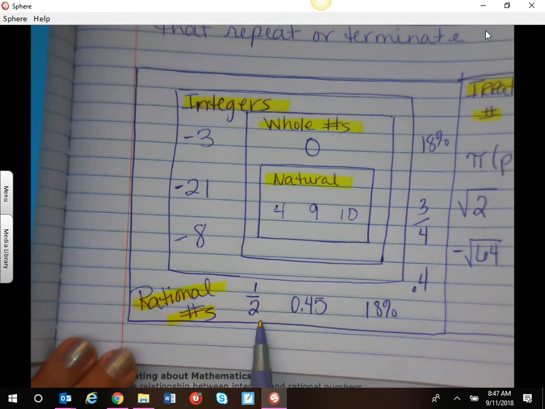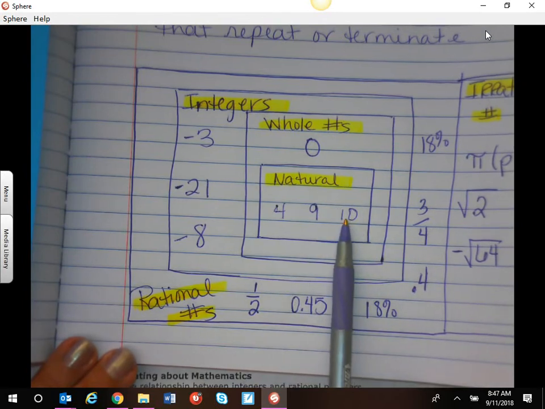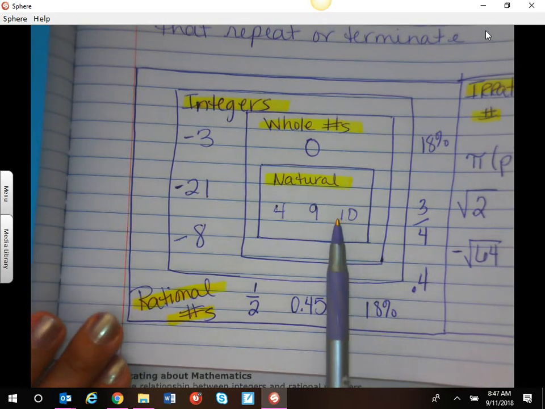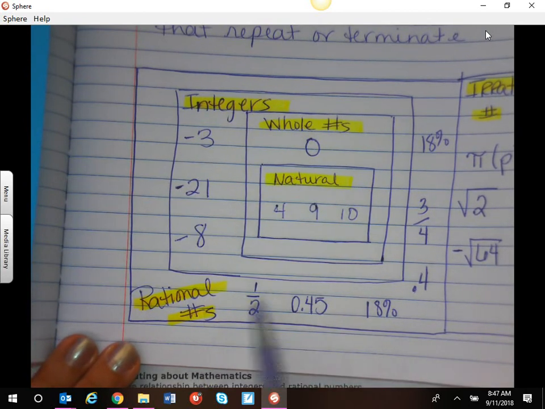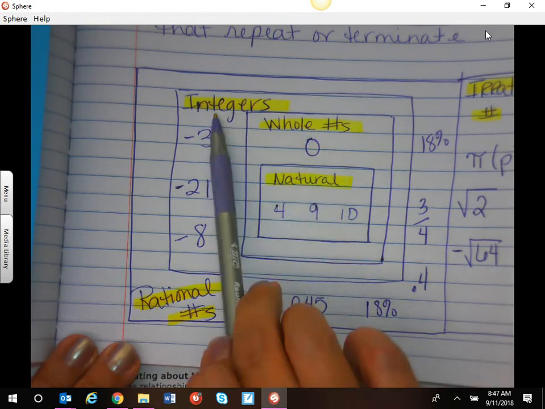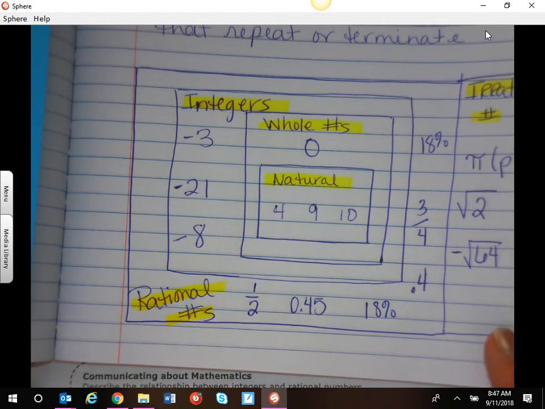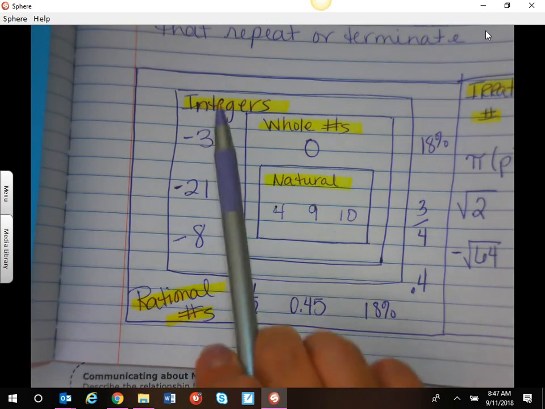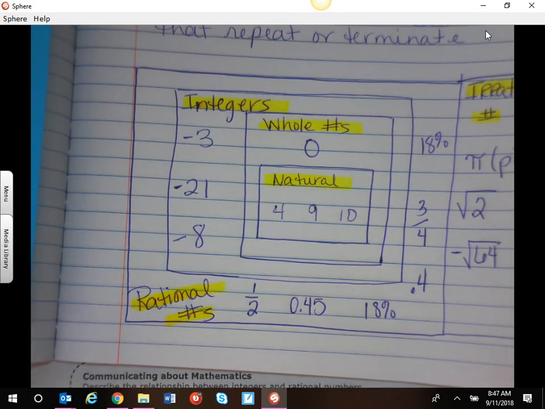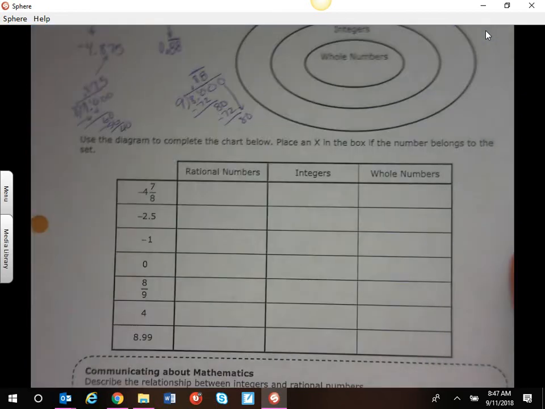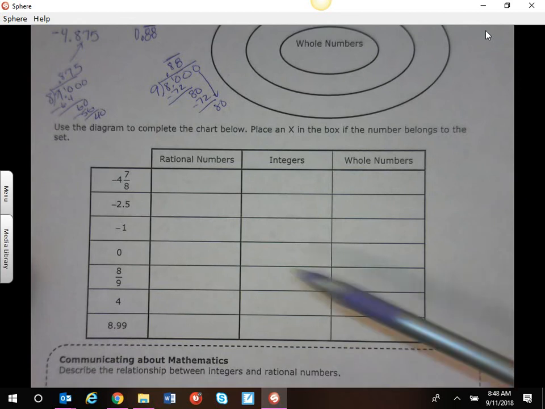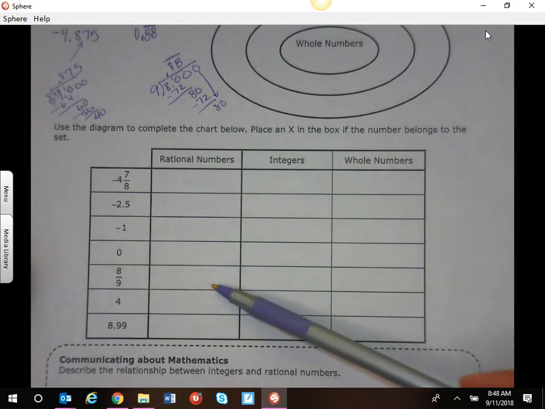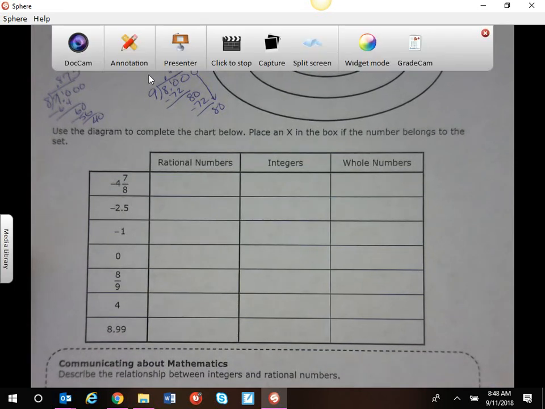But if we have a whole number, like 10, a natural number, then we would mark that it's a whole number, it's an integer, and it's a rational number. Because if it's a subset, it goes into all of those categories. If we have -3, well, that's an integer and a rational number. So I want you to try to place these. And then tomorrow when you come to class, we're going to look at how you did on your box, and we're going to reiterate, we're going to do a card sort to help us understand these placements better.